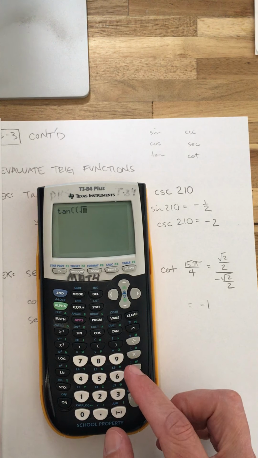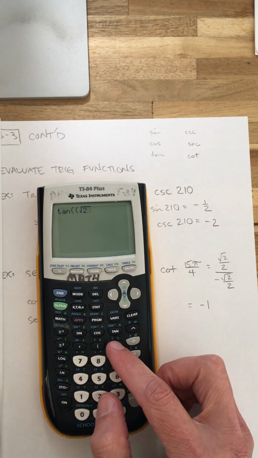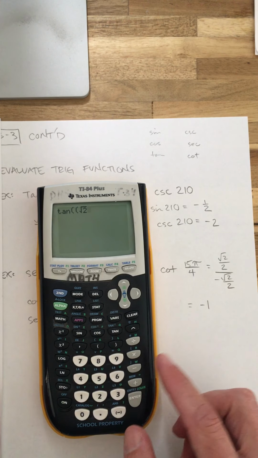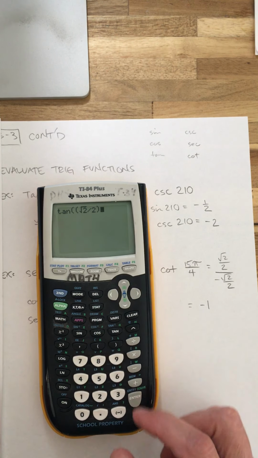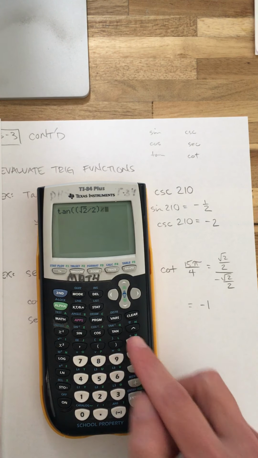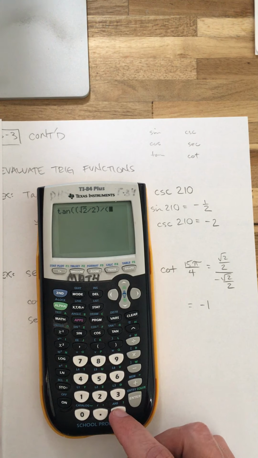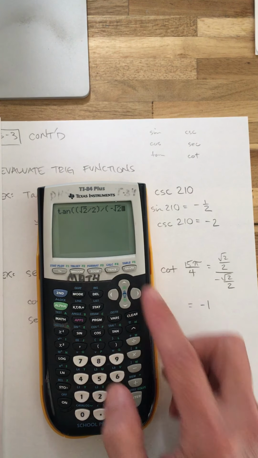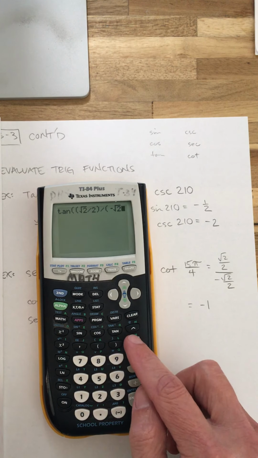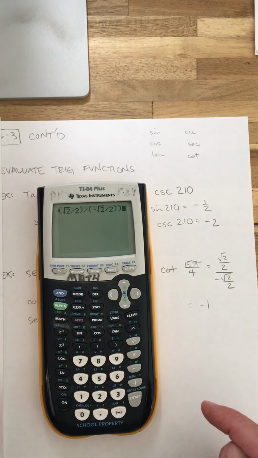Square root of 2, divided by 2, and then close the parentheses there. And then divided by, more parentheses, negative radical 2, negative square root of 2, divided by 2, and then close the parentheses.